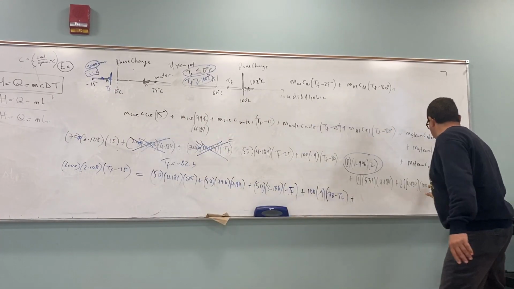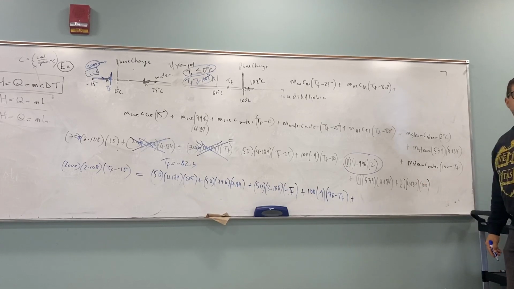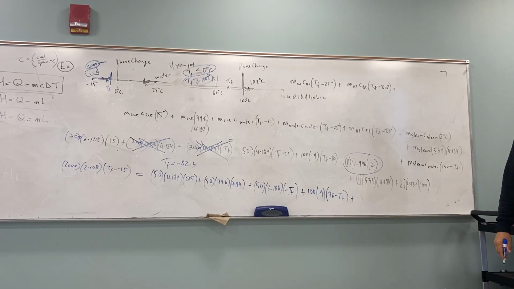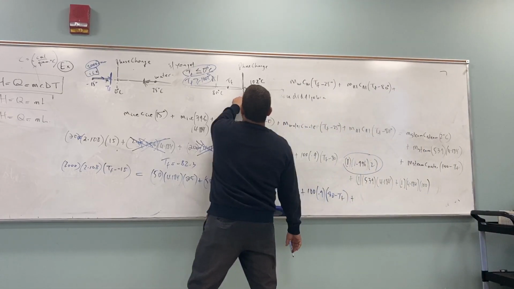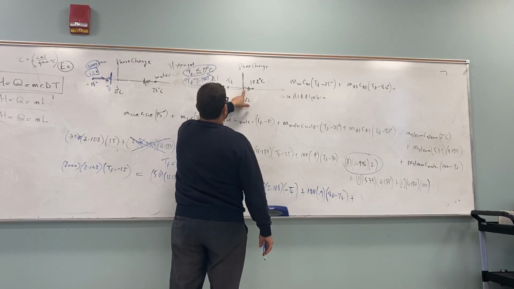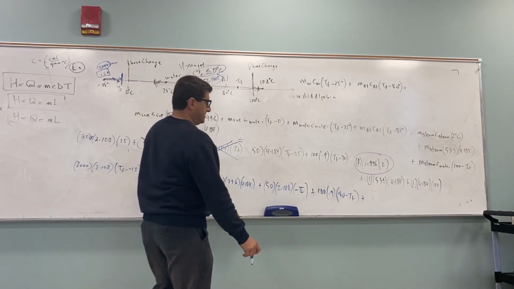So I just put 100 here. Oh, wow, this is a lot, huh? It's an easy problem, but not easy, because you have to account for everything. So you gotta condense the steam, then the steam has to go to 0, then the steam has to freeze.